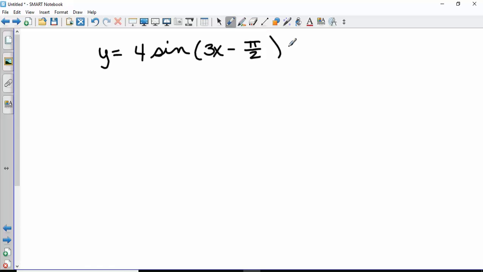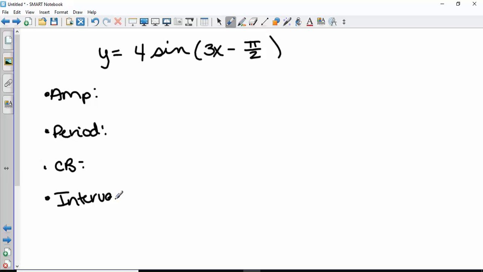On these, I would prompt you on certain things that I needed you to find. So I would say you have to tell me your amplitude, your period, the count by, the interval. That way, you don't have to necessarily remember each of those. I would ask you those questions.